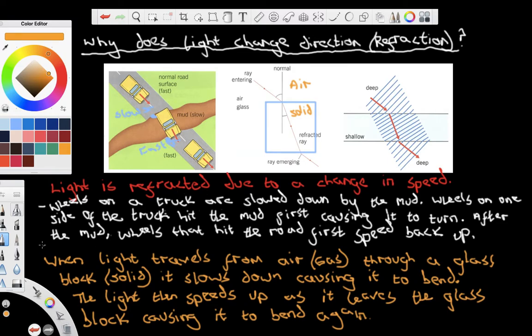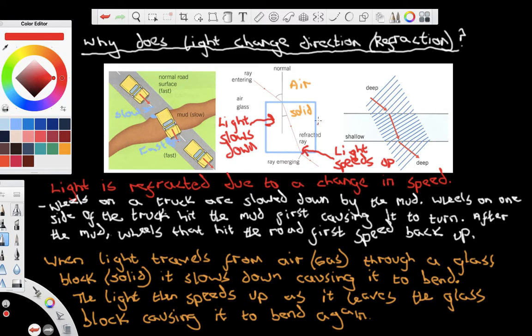So we can add here that the light slows down as it moves from the gas into the solid, and then the light speeds up as it moves from the solid into the air again, into the gas.